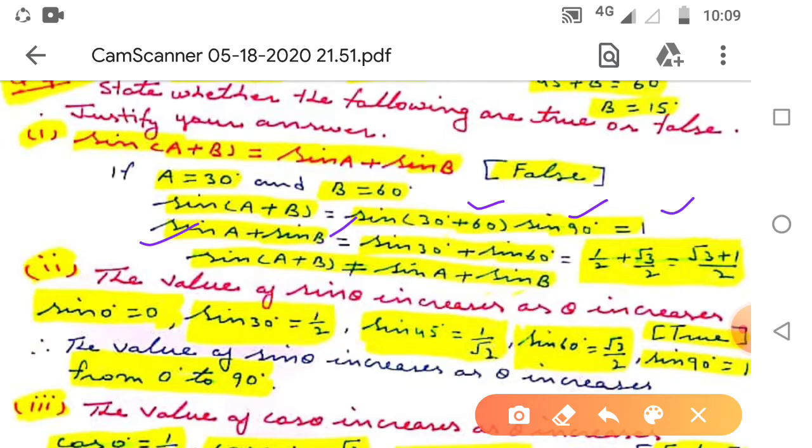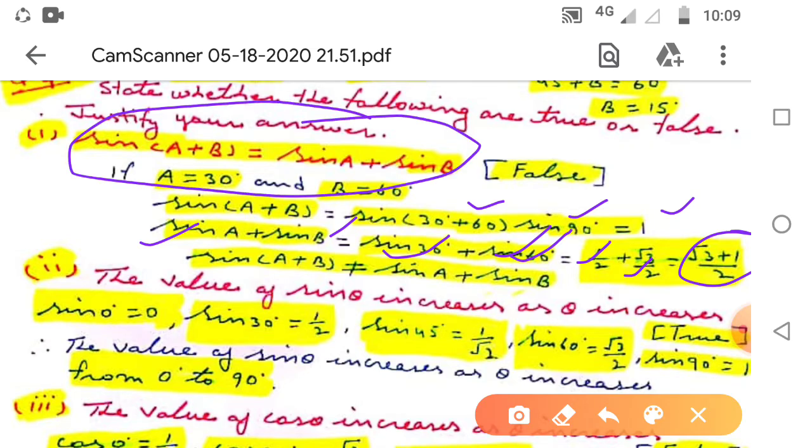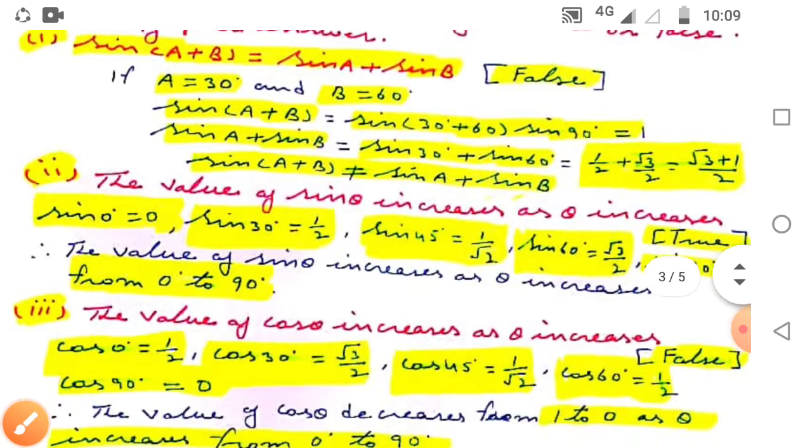Sine a plus sine b is sine 30 plus sine 60. Sine 30 value is 1 by 2, sine 60 value is under root 3 by 2, and we get (under root 3 plus 1) by 2. So sine (a plus b) is equal to sine a plus sine b is incorrect. So this is false, right?